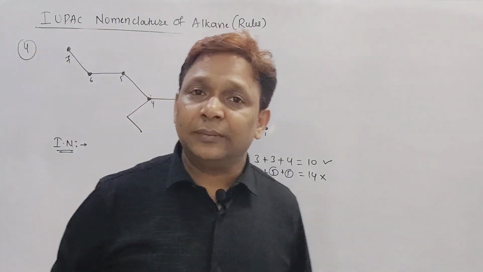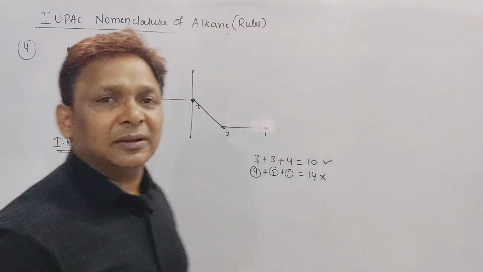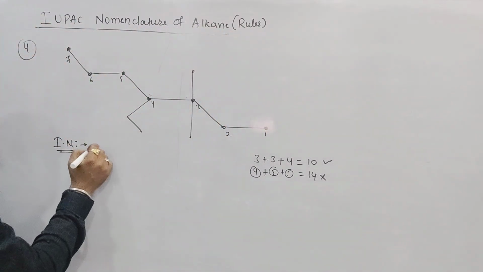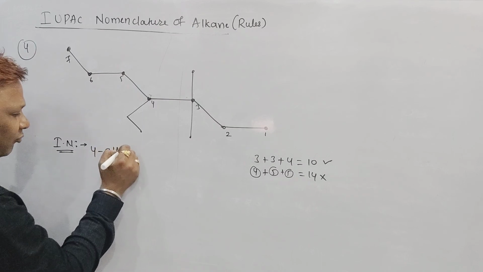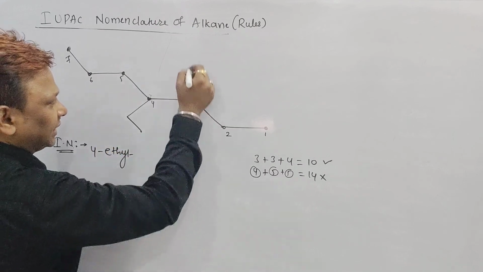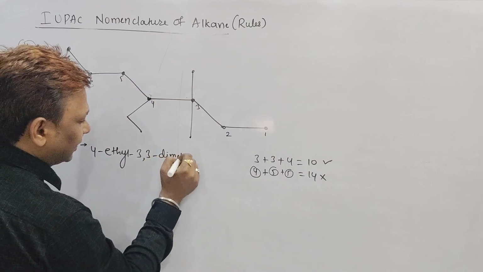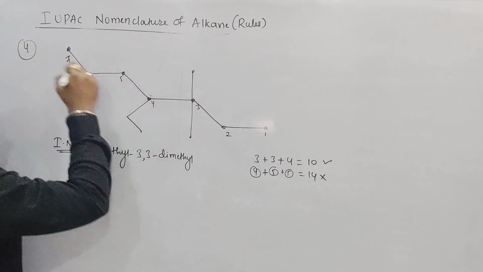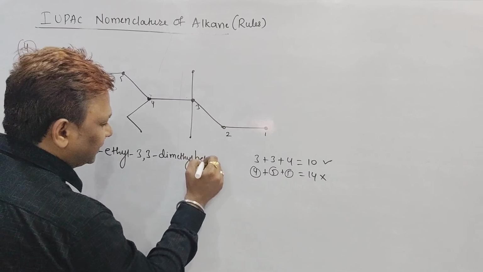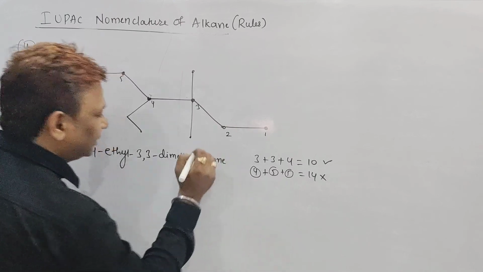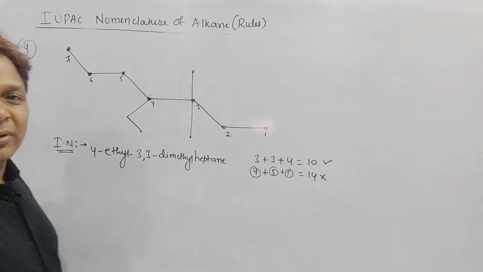Sir, according to alphabetical order, ethyl should be written first. It is on the fourth position, so the name comes as 4-ethyl. Methyl is on the 3 and 3 carbon, so 3,3-dimethyl. The total number of carbons is 7, so HEPT with single bond ANE is the IUPAC name of the compound.